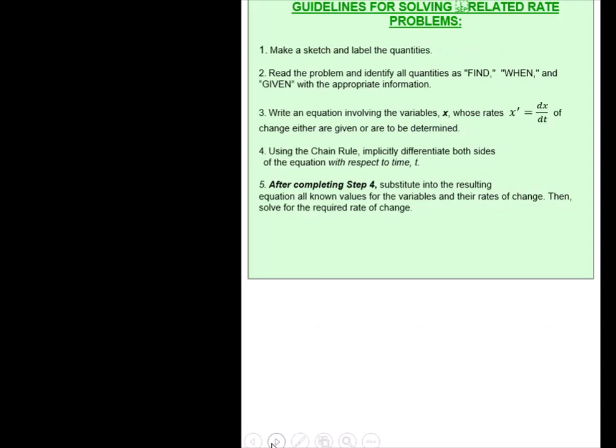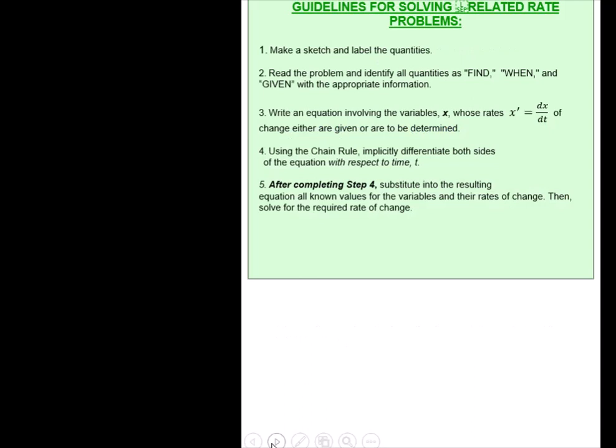But what's going to make this new is step 4: we're going to take the derivative of that basic formula, the equation that we got in step 3, because it's that derivative version of the formula that's going to allow us to solve for the rates of change that we're interested in.